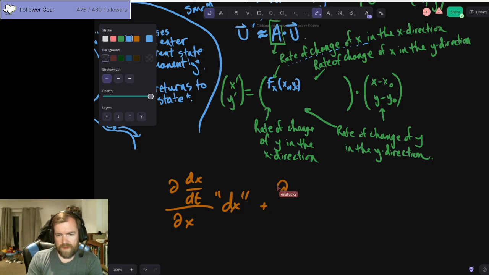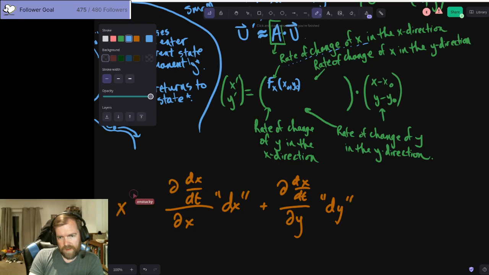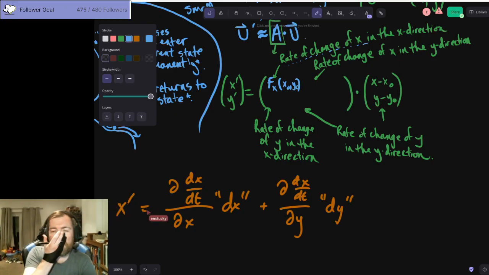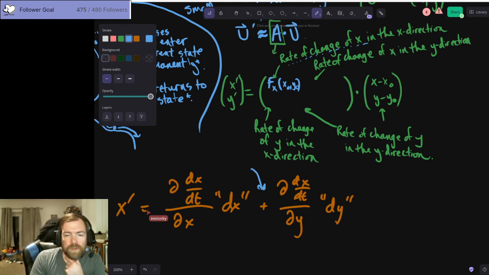And then dx over dt partial y, dy. Right, so it still feels like, I would say yes, this is probably as accurate as we're gonna get for this. But yeah, what we're saying is it's going to be a linear combination.